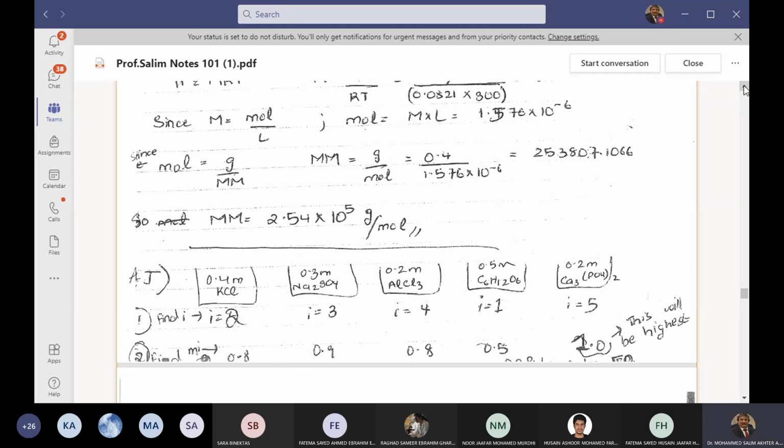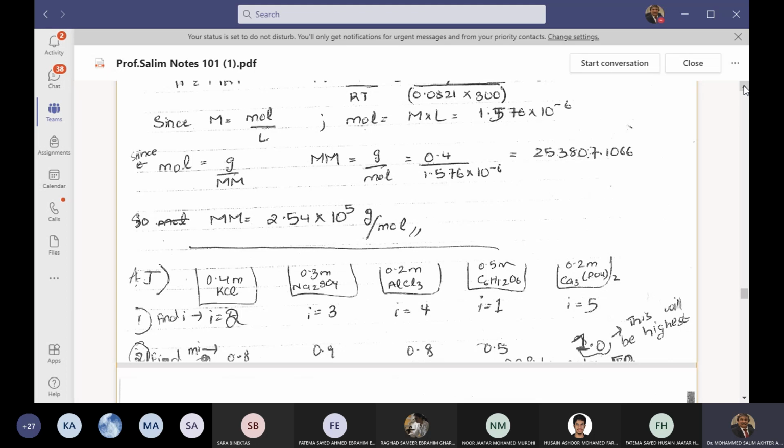Are you ready? I am reading with you. You have your telephone, right? Yes. An aqueous solution of MCl3 is prepared by dissolving 31.15 gram of electrolyte in 725 ml water.